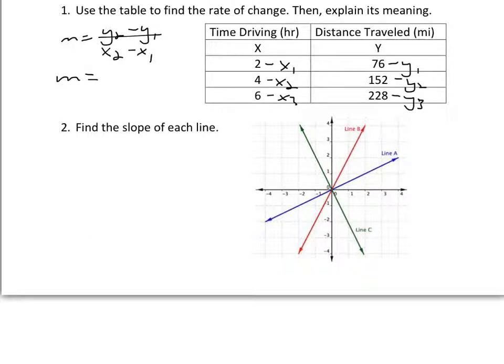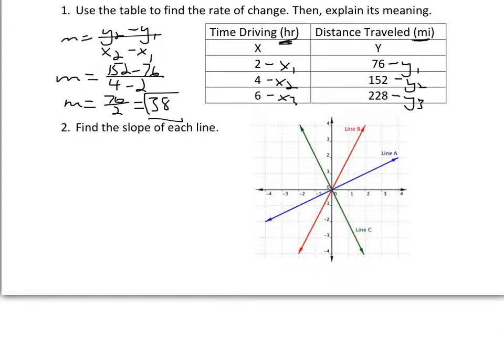So y2 is 152, y1 is 76, x2 is 4, x1 is 2. Then we do our subtraction. We've got the rate of change equals 76 over 2, which reduces down to 38. So what that means, quickly, is that y is miles and x is time driving in hours.